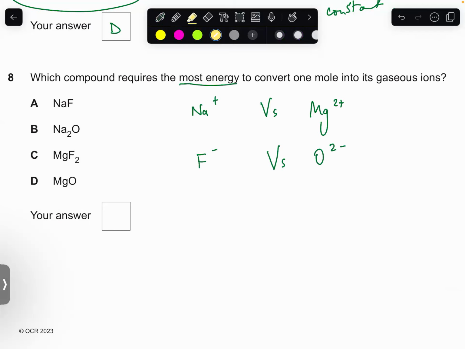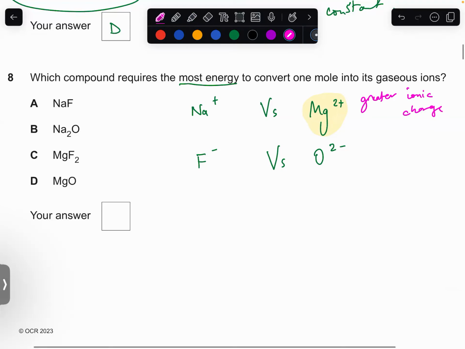You see, the Mg2+ ion has a greater ionic charge versus sodium. And again, the oxide ion has a greater ionic charge, and it's also a smaller ionic radius versus sodium.